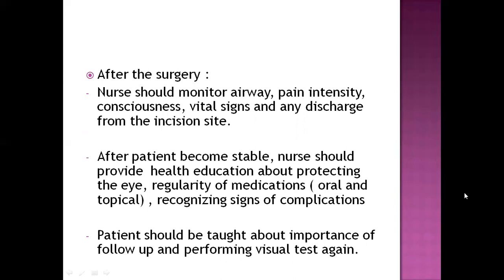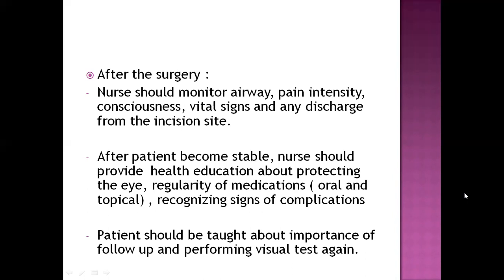After that, as soon as the patient becomes stable, the nurse should provide health education about how to protect the eye, when to take the oral medicine, and the topical medicine, ointment. Also, recognizing the signs of complications like bleeding, acute pain. If such complication occurs, the patient should be immediately returned to hospital.